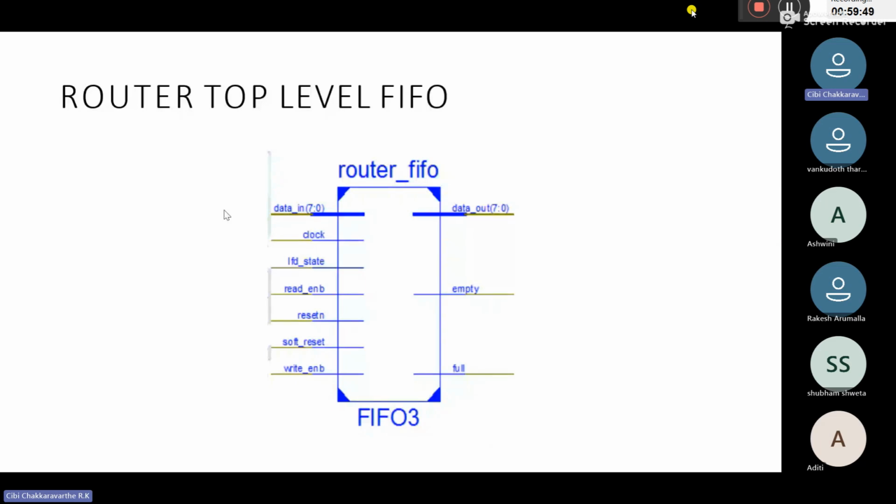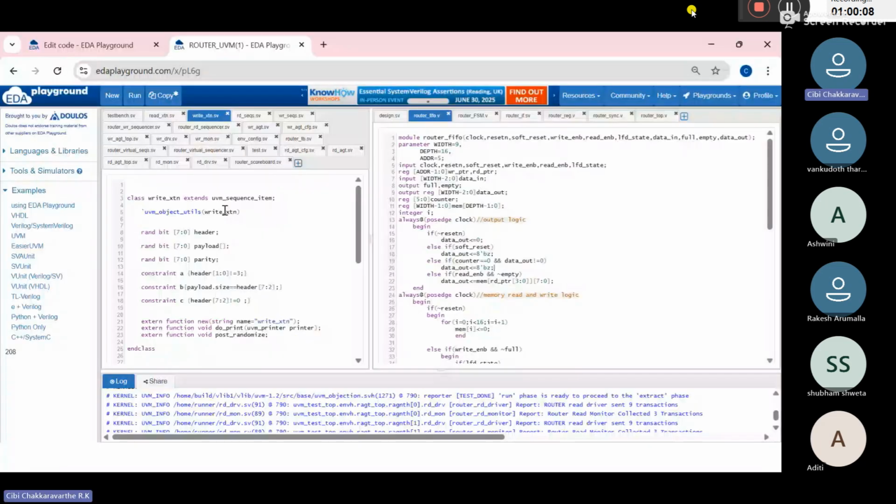For example, see in this code, what you see here, it is an example code. See, this is a reset. See here, the second one, that is the 17th line. Else it's soft reset.